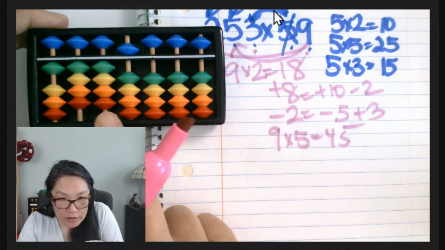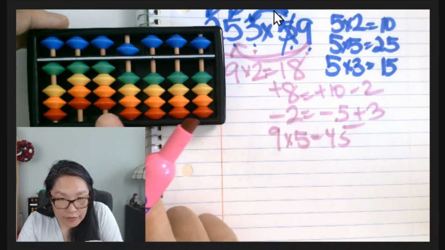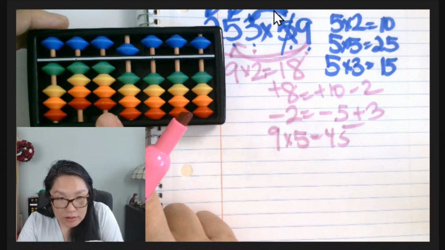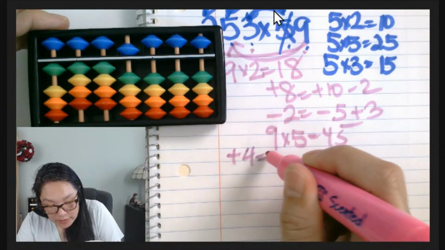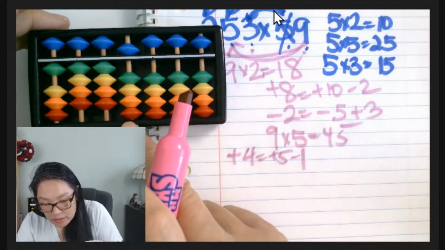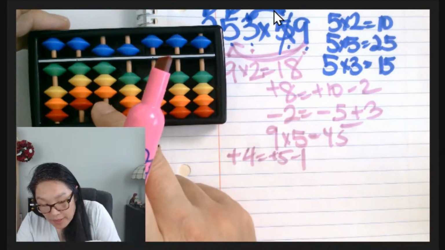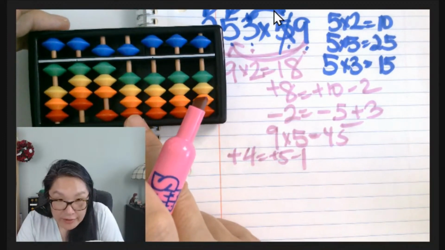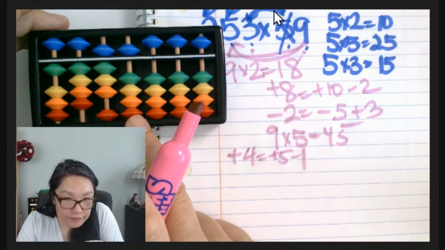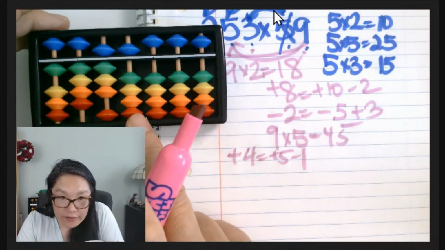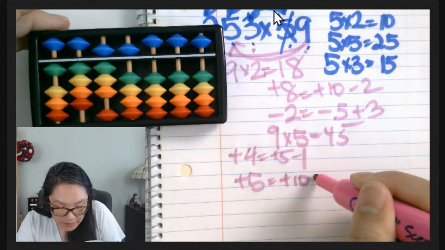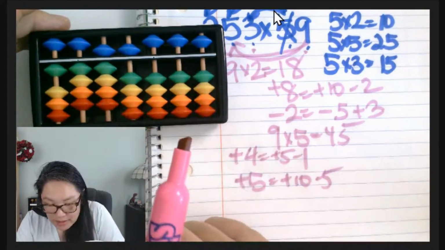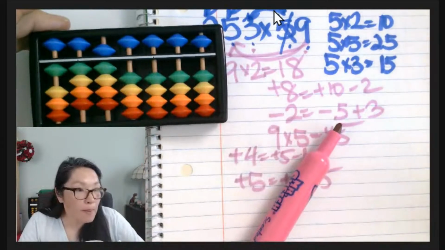Yeah. 4 and then 5 plus the 4. There's not enough. So we plus the 4 is equal to plus 5 minus 1. So I have to plus the 5 minus the 1. And then I have to add the 5. After adding the 5, plus 5 is equal to plus the 10 minus 5. Plus the 10 minus the 5.